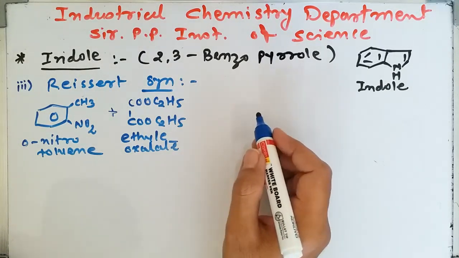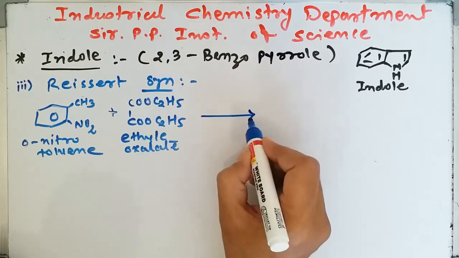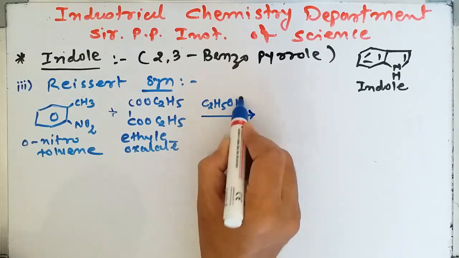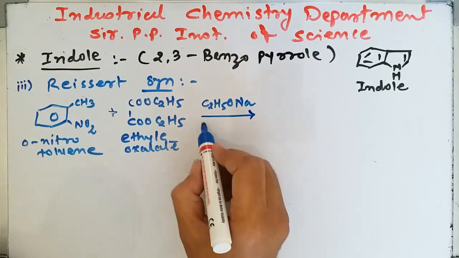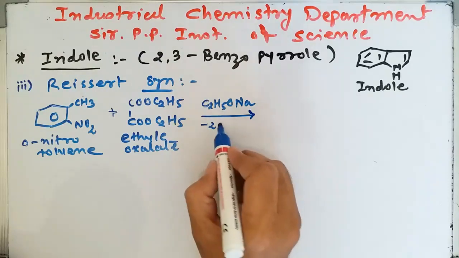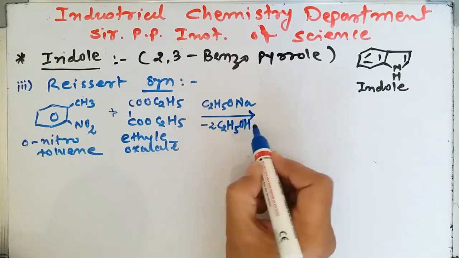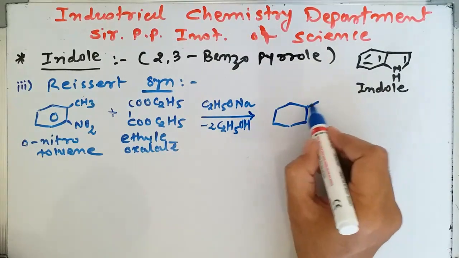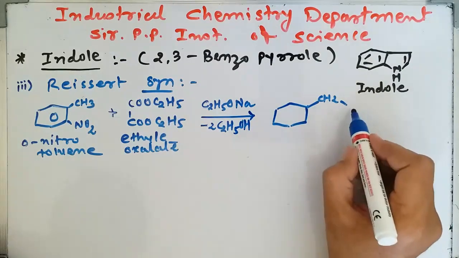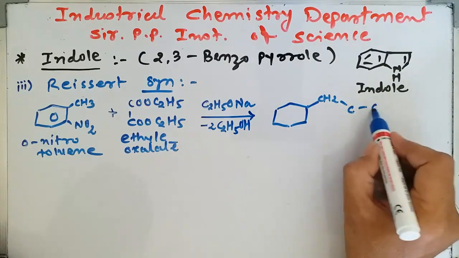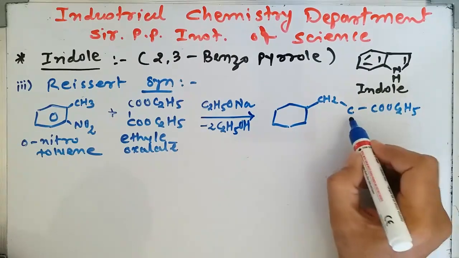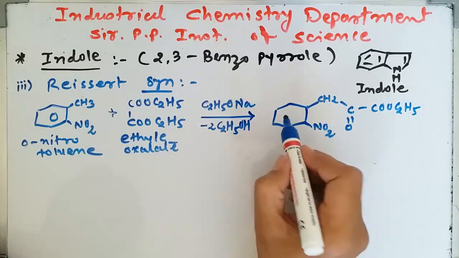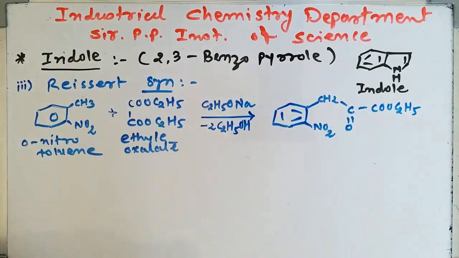We get a derivative in the presence of sodium ethoxide, C2H5ONa, with removal of 2 moles of ethanol. We get a derivative of indole.